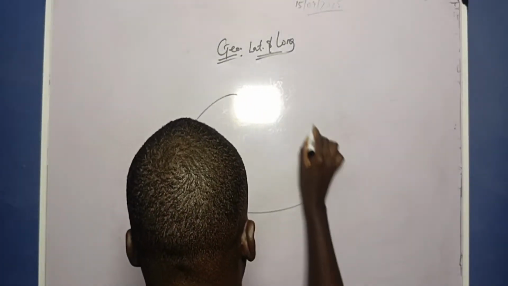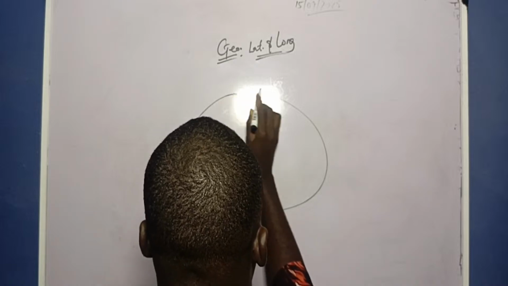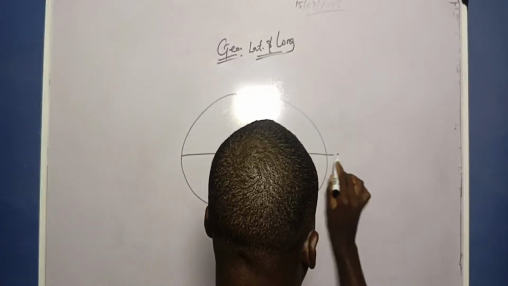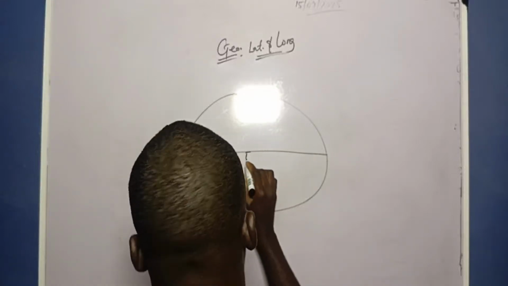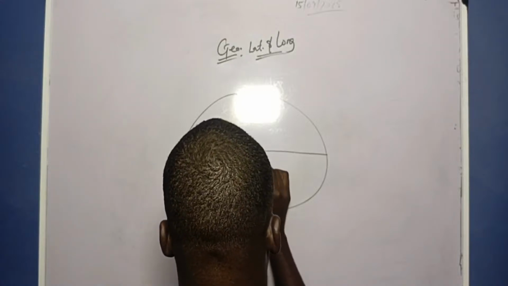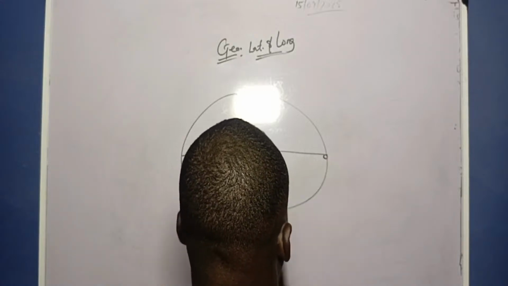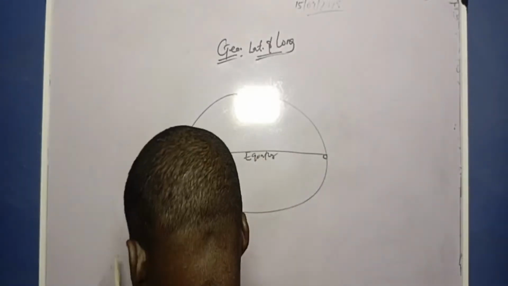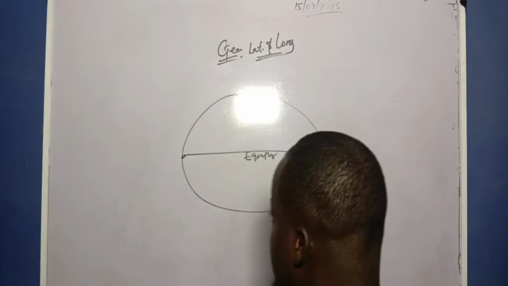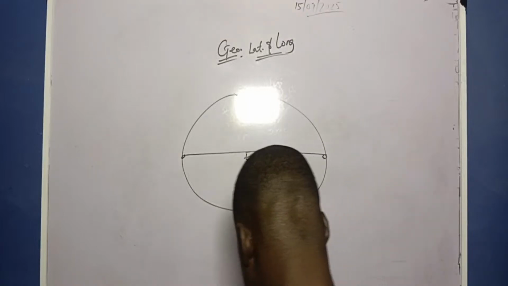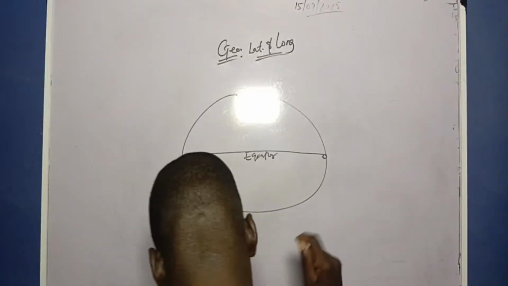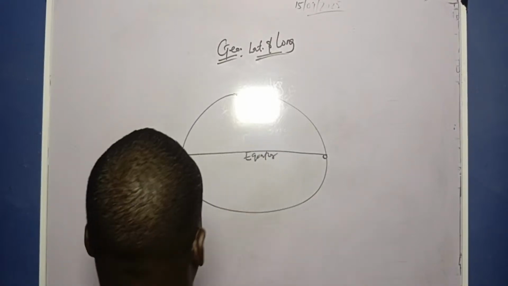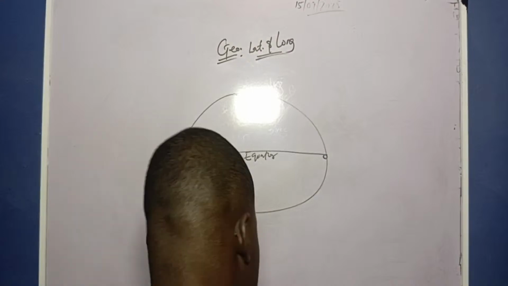So if here is our Earth's surface and this is the equatorial region, 0 degrees. So it means that latitude is simply an angular distance of a point on the Earth's surface that is measured in what? In degrees.